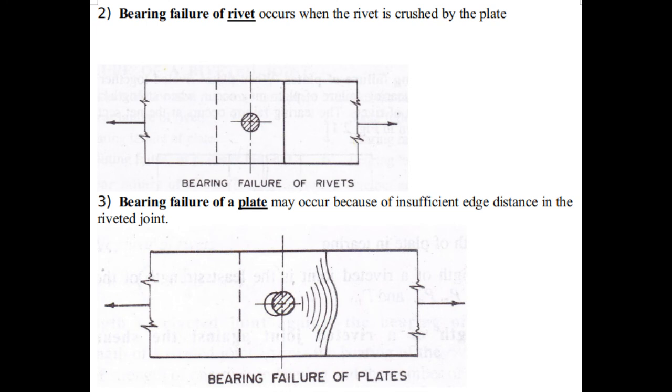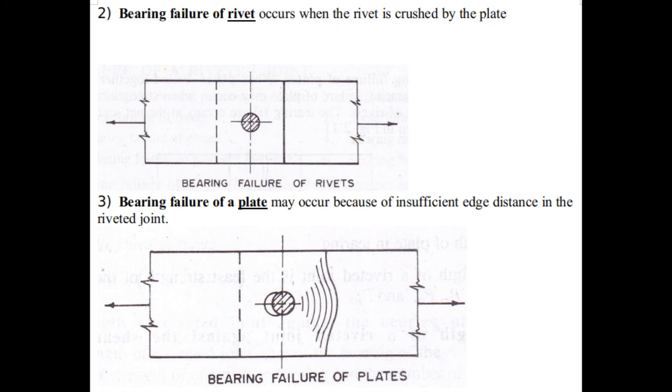Bearing failure can happen to the rivet, and it can also happen to the plate. How does the bearing failure of a plate occur? It occurs when there is insufficient edge distance in the riveted joint. Now what is edge distance? Edge distance means the distance from the edge of the plate to the outer diameter of a rivet. Which rivet? The extreme rivet, the one closest to the edge of the plate.